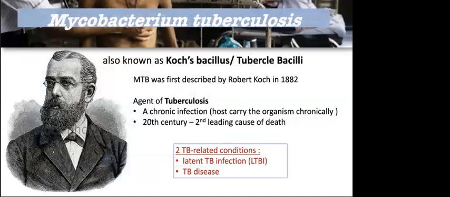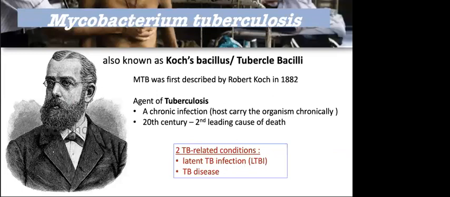Mycobacterium tuberculosis is one of the two clinically significant species of Mycobacterium. The other is Mycobacterium leprae. This particular organism is known as Koch's bacillus, or the tubercle bacilli, which was identified by Robert Koch in 1882.